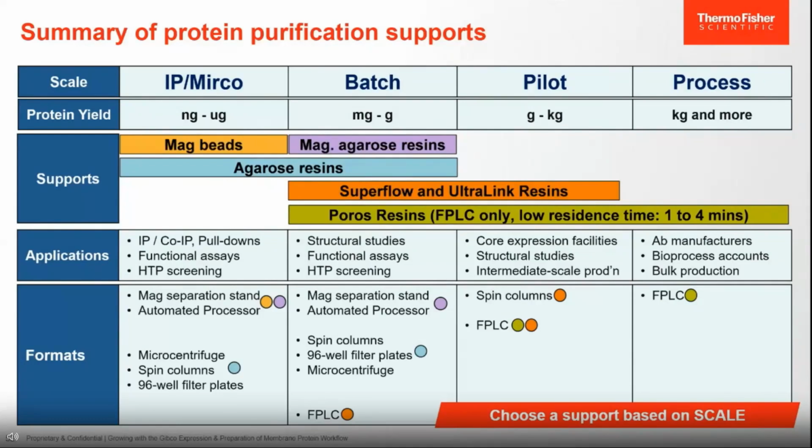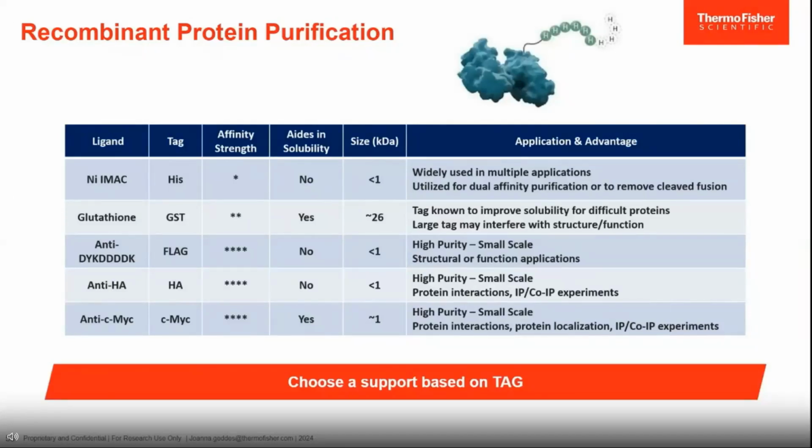And we have products that fit into each of these scales. In addition to different types of supports, we offer ligand-coupled supports for the most commonly used tags. And so this table over here is outlining what those ligand supports are, which tag they line up with, and what application they are most suited for.